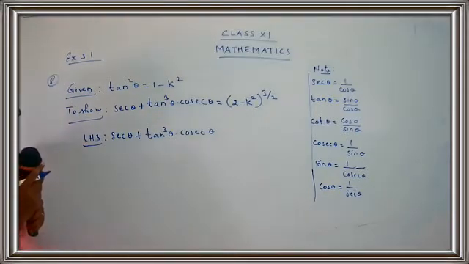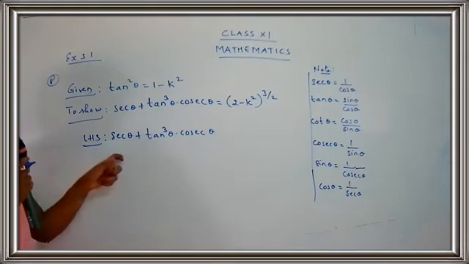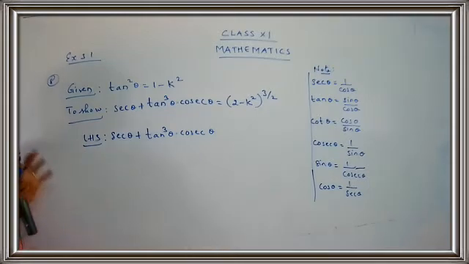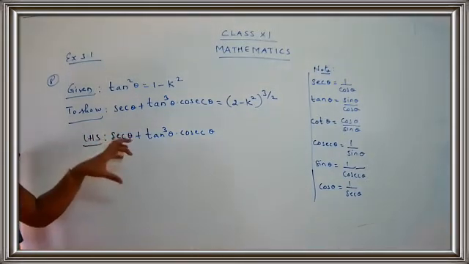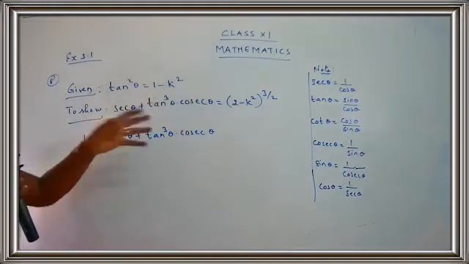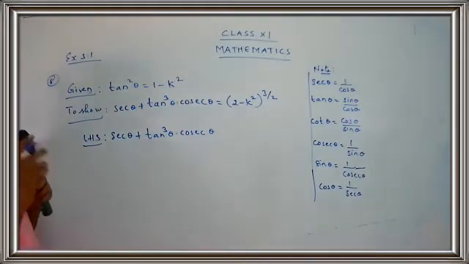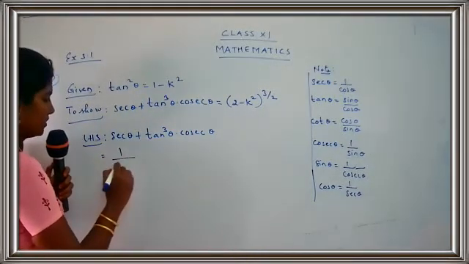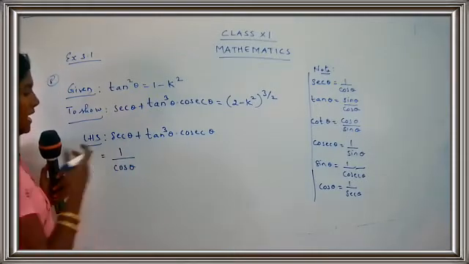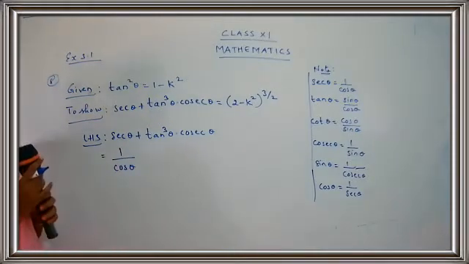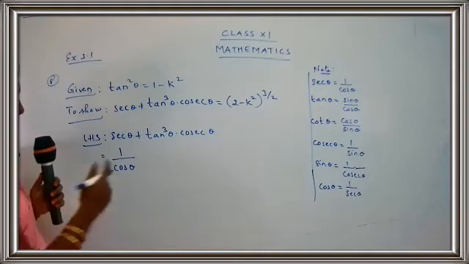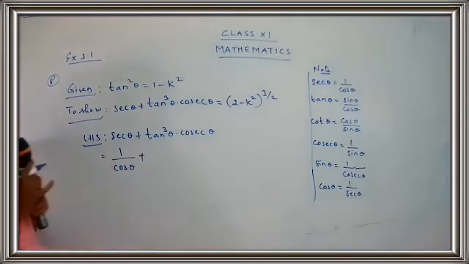So I am going to consider the LHS part. Now here what I am going to do is change this using those notes, the formulas. So secant theta will be written as 1 upon cos theta. I am going to change sec theta as 1 upon cos theta. Done. Now how can you change tan cube theta, children? Actually, what is the formula for tan theta?